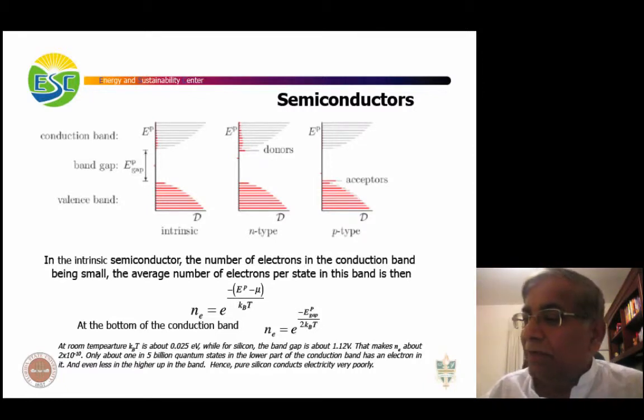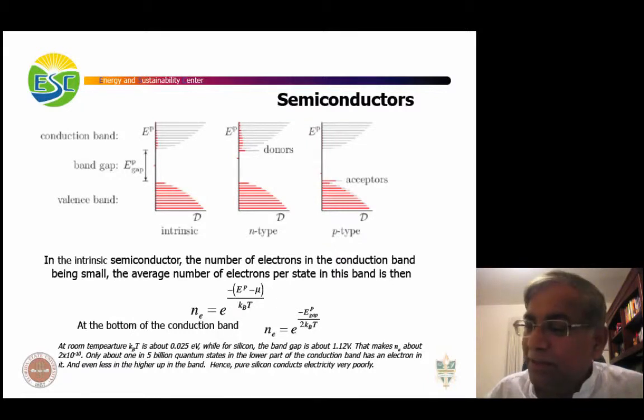So the average number of electrons per quantum state at the bottom of the conduction band is given by this expression here, where this is the band gap energy, this is the temperature, and this is simply a constant. At room temperature, kBT, the product of these two terms, is about 0.025 electron volts, while for silicon the band gap is about 1.12 electron volts.